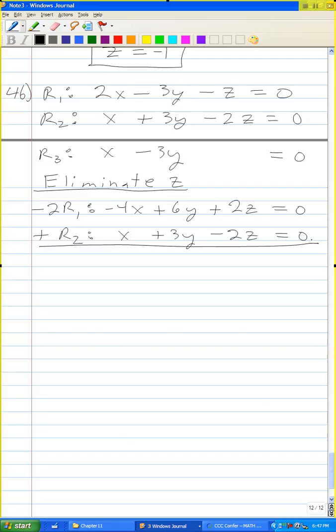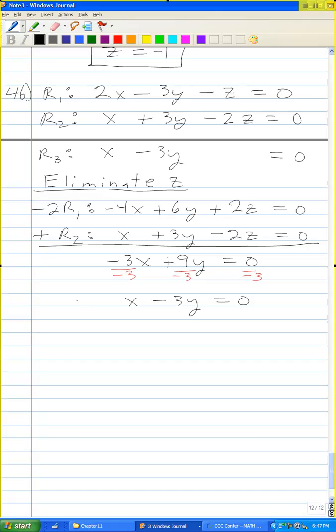Let's add these. So I get negative 3x plus 9y is 0. Let's divide by negative 3. And so I get x minus 3y is 0.